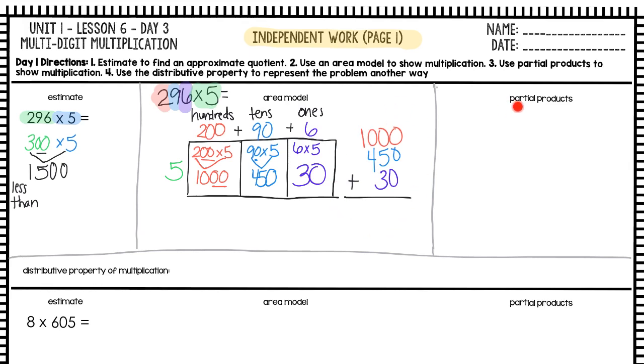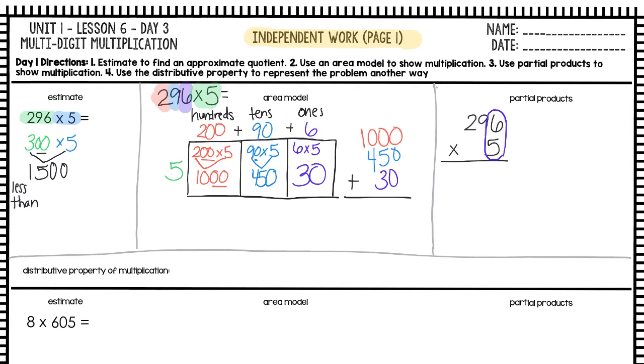Now we're going to move on to partial products. In partial products, we write our problem 296 times 5 vertically. So just like in subtraction and addition, we always start in the ones with multiplication. So I'm going to circle my ones times my ones.